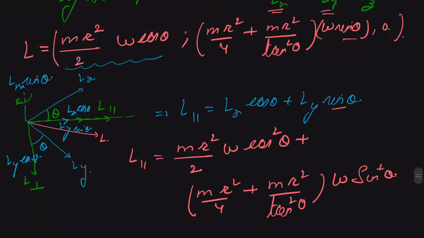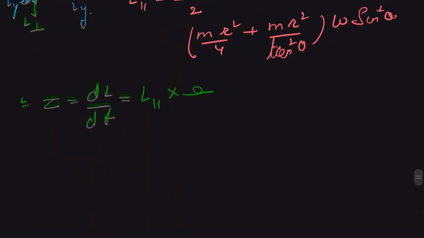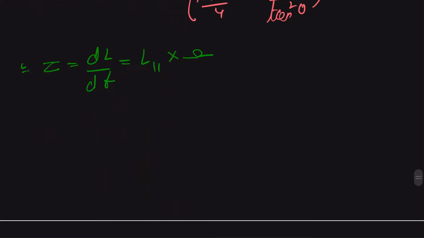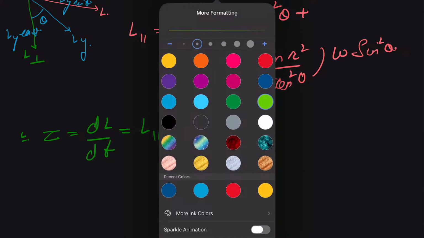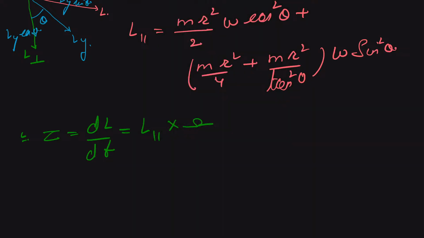So it is moving in this direction with omega. And now we simply multiply the value of L parallel with our omega, and we can also substitute the value of this omega because we know the relationship. Okay, so let me write it here.